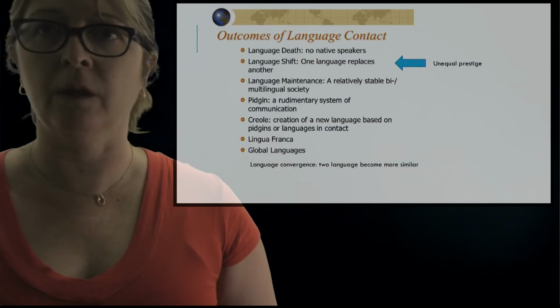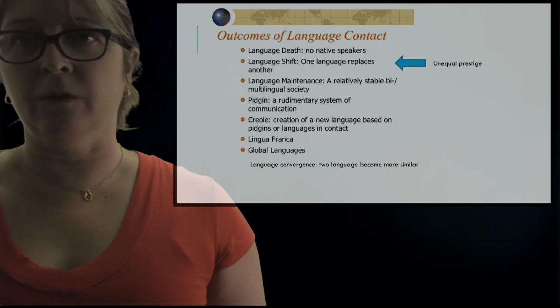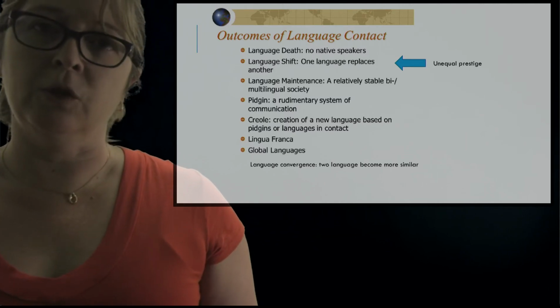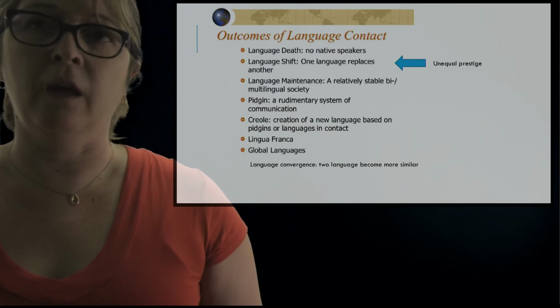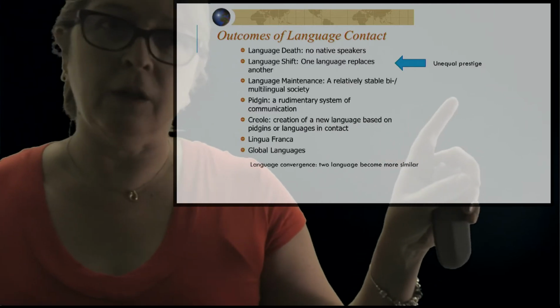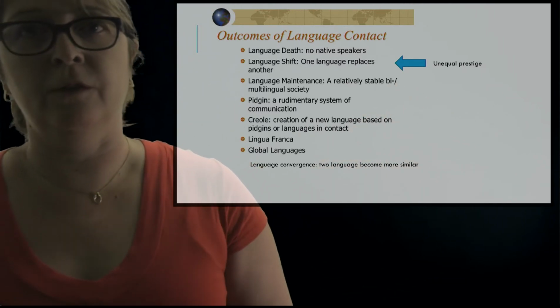Outcomes of language contact: we have language death, which means there are no native speakers left of a language. Language shift, where one language replaces another, and that is because of unequal prestige. So one language has more prestige than the other.